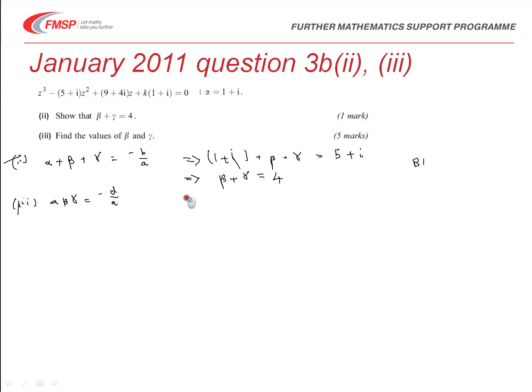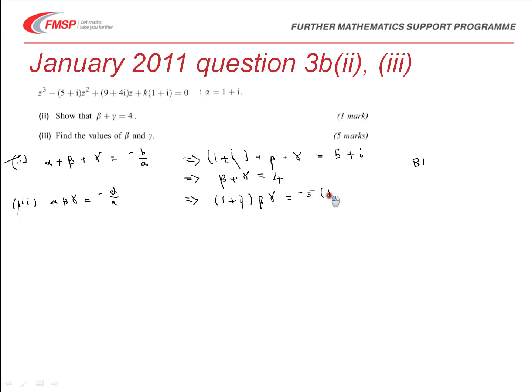So that is going to imply that must equal, we know that k is minus 5, so we know alpha is 1 plus i, times beta times gamma equals minus 5 times 1 plus i.